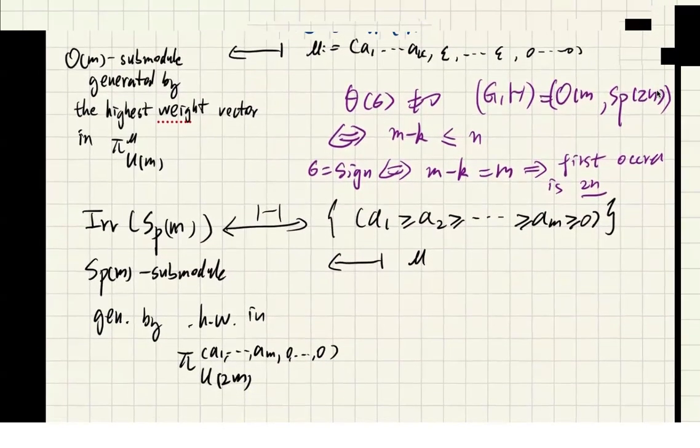For SP2M, the representation is again classified by these numbers such that the highest weight is generated by the weight like this.